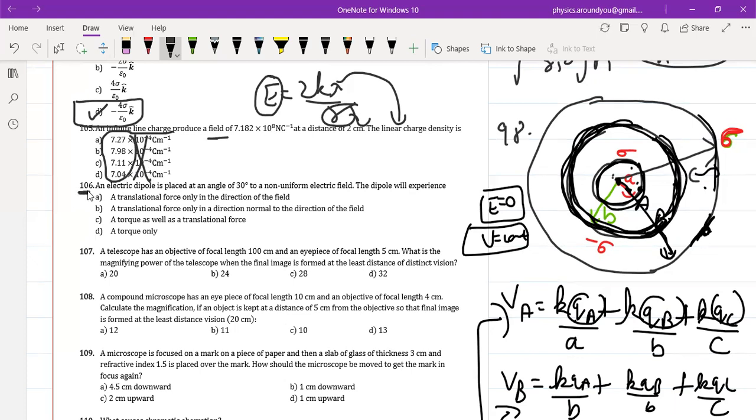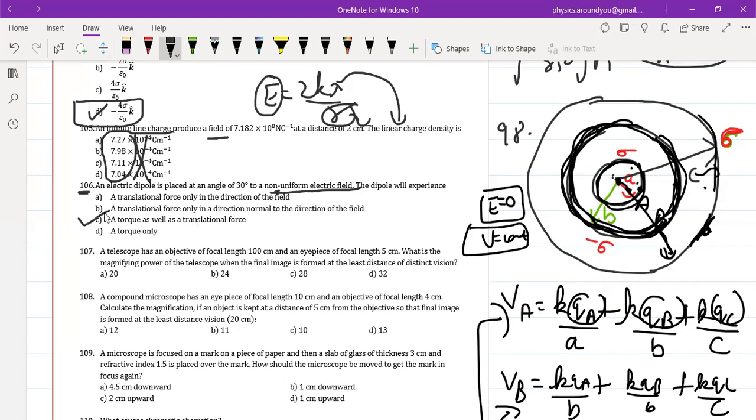106 has been a hot favorite of examiners since age-old days, because an electric dipole in a non-uniform electric field will always experience a force and a torque. So it is going to experience a torque and a force.